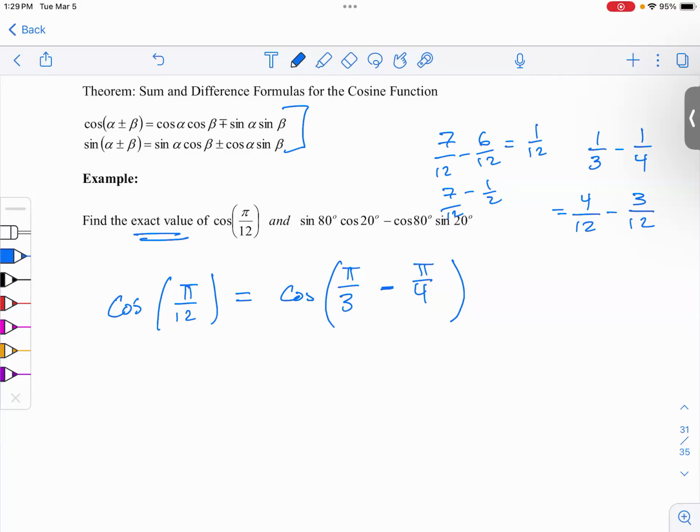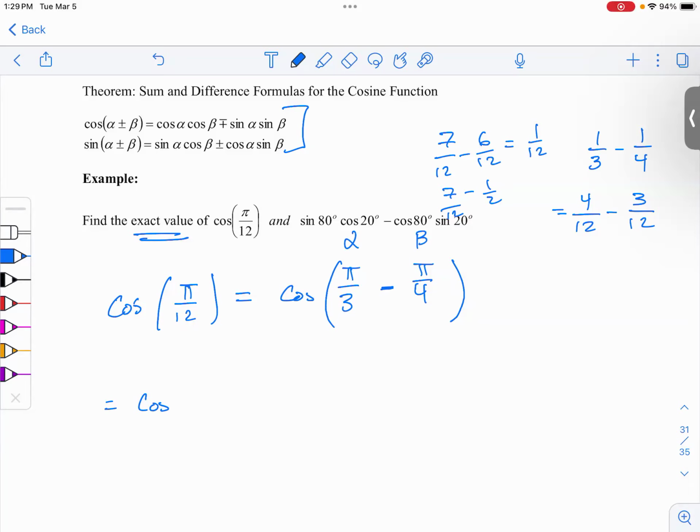Now if I use the sum and difference formulas, I can break up subtraction or addition of two angles using this equation. So the cosine equation is the same thing, but opposite sign. And basically you have to identify which is alpha and which is beta. So I'm going to call that first one alpha and that second one beta, and then I'm just going to sub it into the equation.